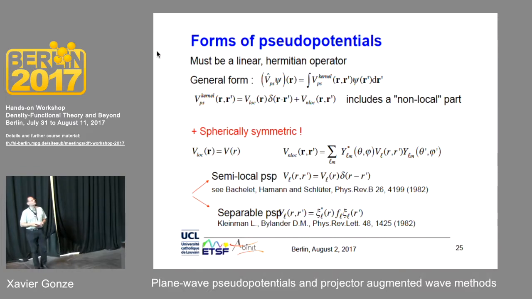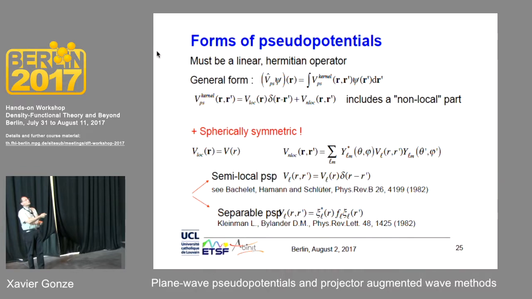In the usual potential created by the nucleus, only the local part is present. Of course, we want this object to be spherically symmetric. It is to replace the atom, and the atom was spherically symmetric. The local part can only depend on the distance with respect to the origin.